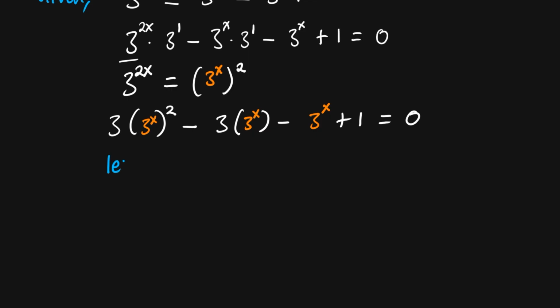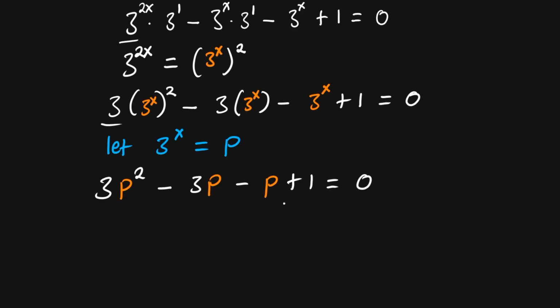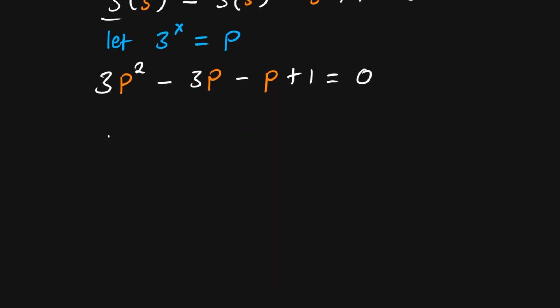So let 3^x equal p, which implies that this equation will become 3p squared minus 3p minus p plus 1 equals 0, which is the same as 3p squared minus 3p minus p, the same as minus 4p, plus 1 equals 0.